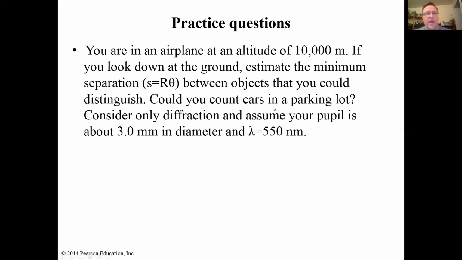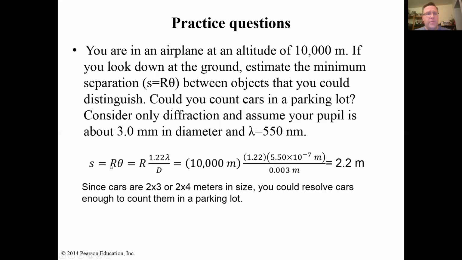So, can you count those cars in the parking lot? Considering only the diffraction, assume your pupil has a diameter D of 3 millimeters, and you're looking at the green-yellow wavelength of 550 nanometers. Now r is your distance, 10,000 meters, and with your Rayleigh criterion angle, 1.22 lambda over D, you see that you can tell apart objects that are 2.2 meters apart. That means you could resolve the cars just enough to count them in a parking lot using just your eyes.